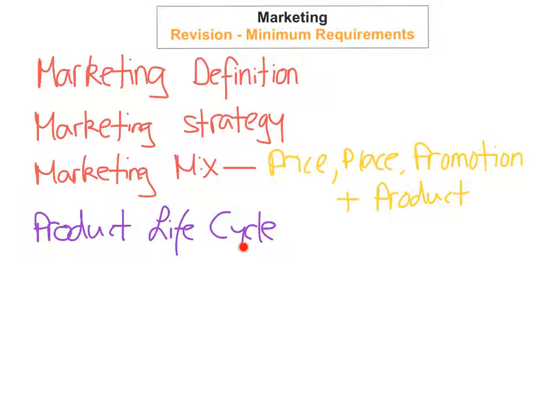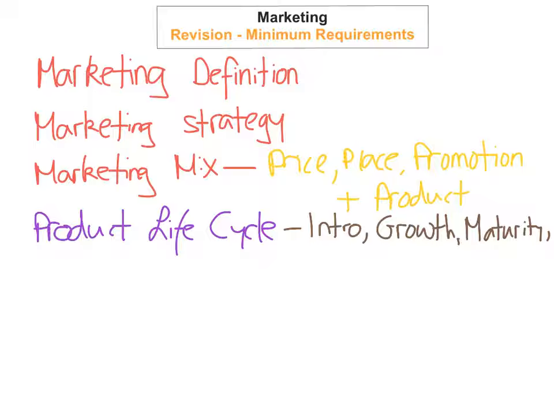It's important that you understand the 5 stages of the product life cycle. So you've got the introduction, you've got the growth stage, you've got the maturity stage, you've got the saturation stage, and you've got the decline.